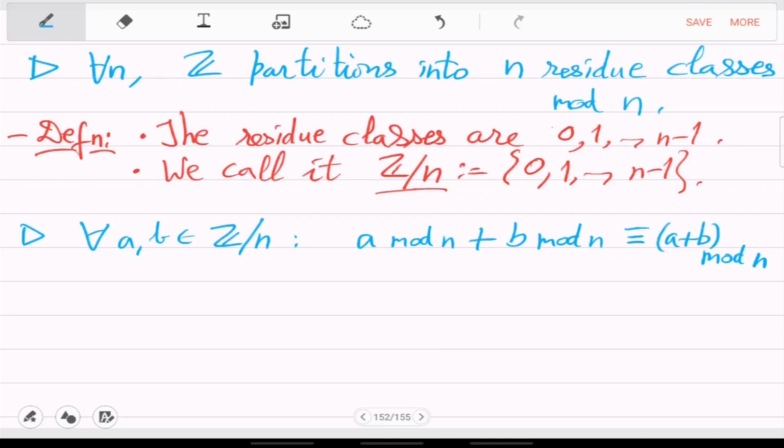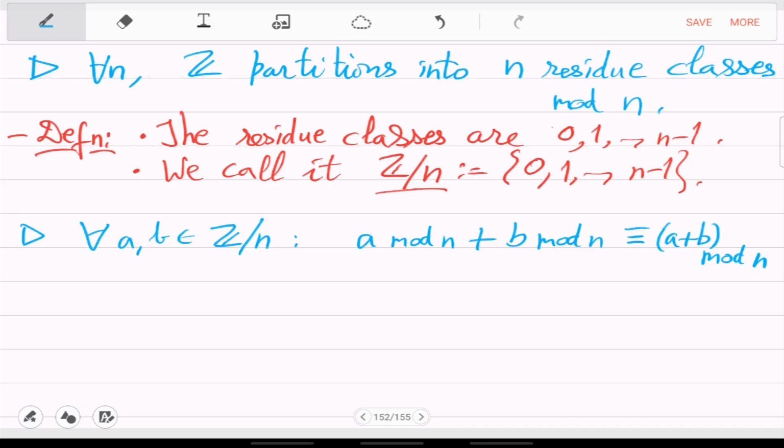Right, for example, if you add 0 and 1, then you will get 1, which is again in the set. More interestingly, if you add 1 and n minus 1, then you will get n, but that is outside the set. So is that a mistake? Because you have to divide by n and then you get the remainder, right? So actually n will be 0.